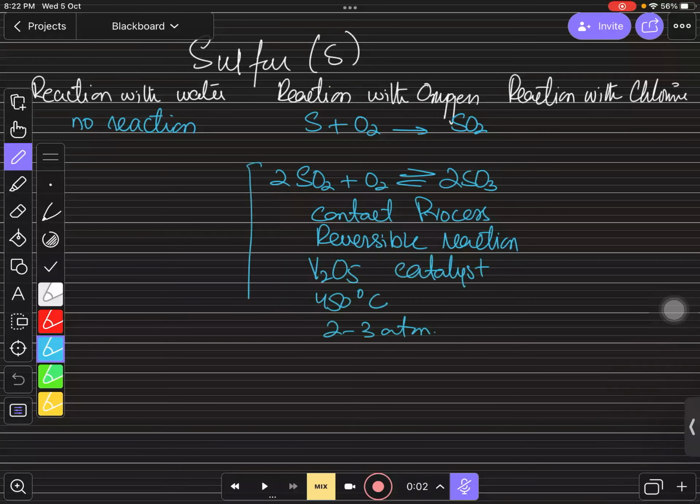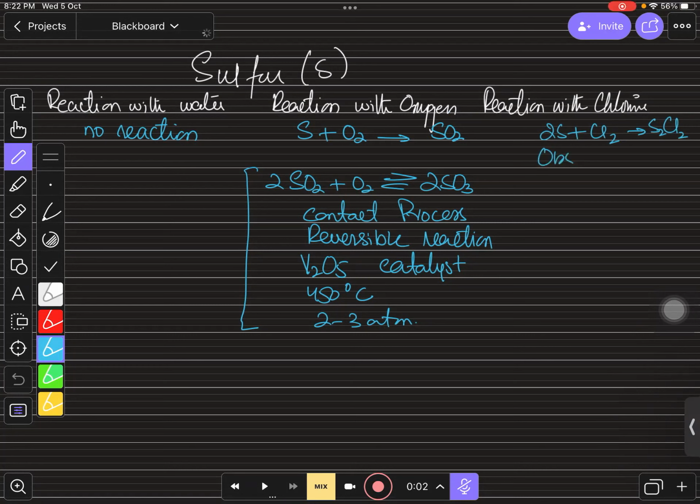So the observation is an orange liquid formed. The flame for sulfur burning is pale blue, so the observation for this is a pale blue flame.